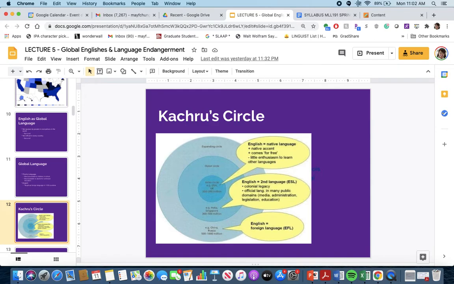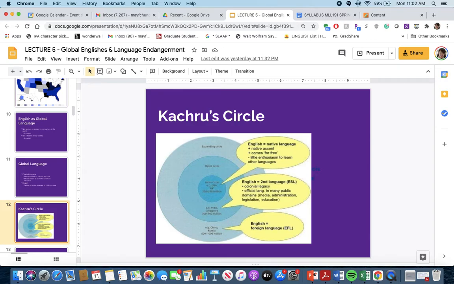And so, looking at this researcher, Kachru, he and his wife came up with a circle of the global Englishes. In the inner circle we have people whose English is their native language. It comes for free, right? There's little enthusiasm to learn other languages. You probably noticed this in the United States, right?